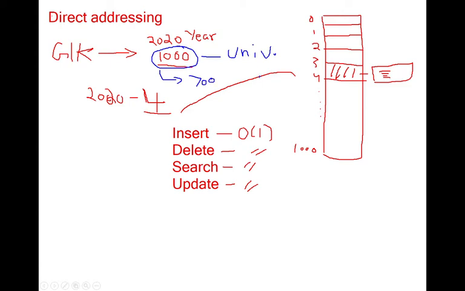So in that particular case, 300 slots in this array will be free, or rather the proper word is unused. So 300 slots will be unused in this direct addressing table, right?